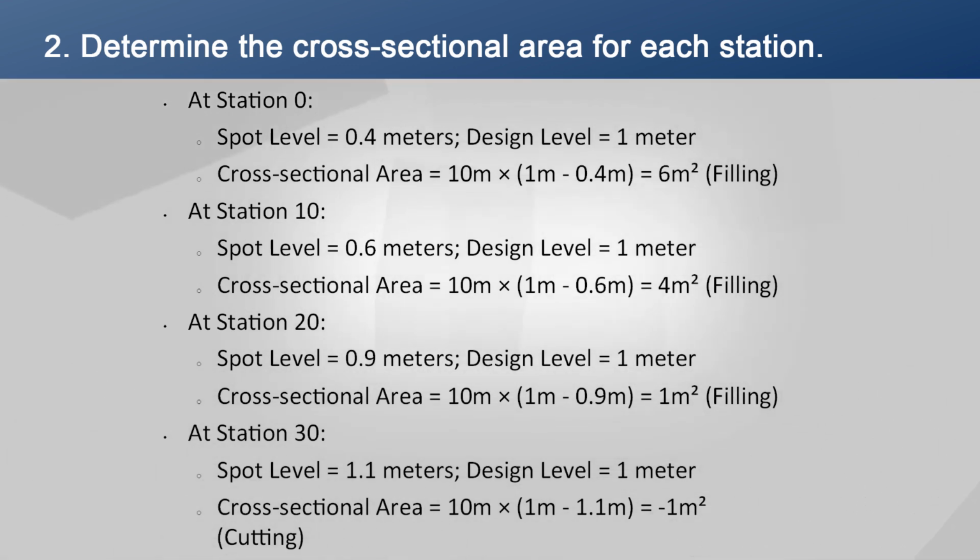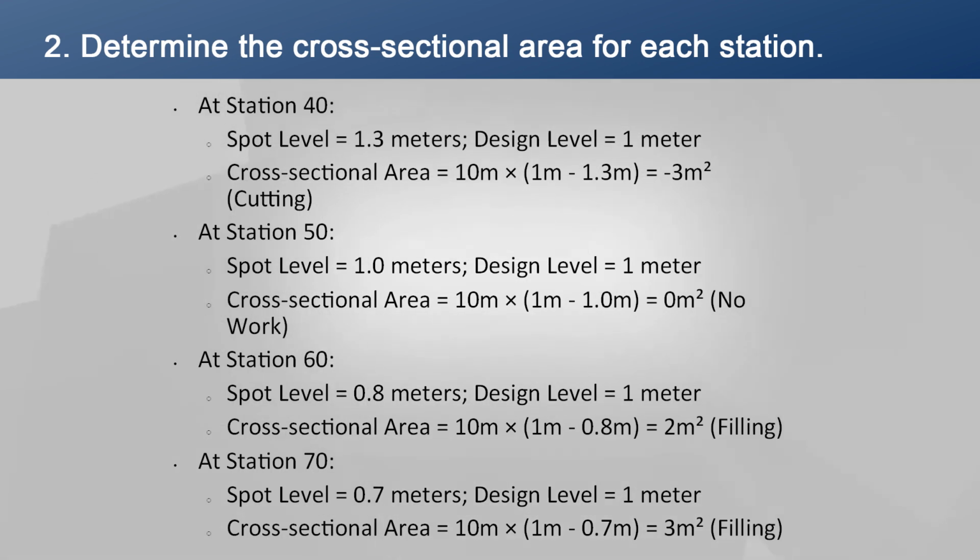So, again cross sectional area is 10 meter into (1.1 meter minus 1 meter), which will come out to be 1 square meter. At station 40, spot level given is 1.3 meter, design level is 1 meter. So, the cross sectional area will be 10 meter into (1.3 meter minus 1 meter), which will come out as 3 square meter. Again it is positive, means it is in cutting.